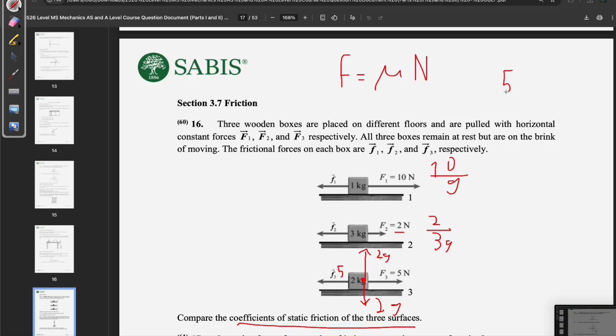So 5 is equal to mu times 2G. Mu is... no, it's not 2.5G actually, it's 5 over 2G.